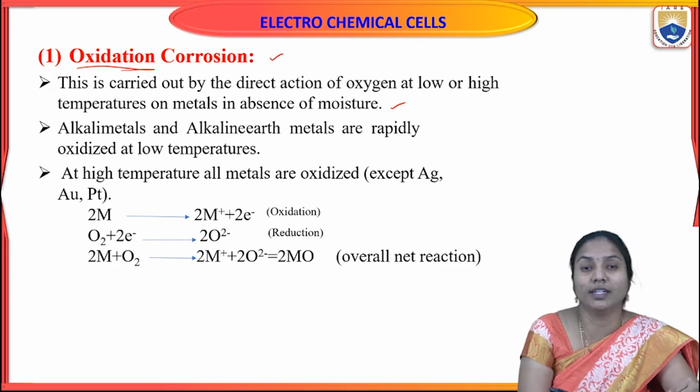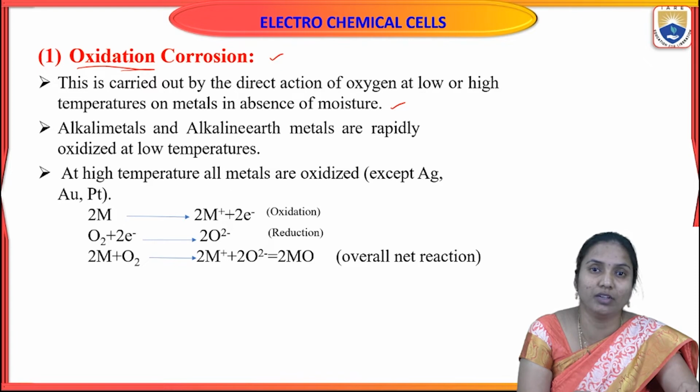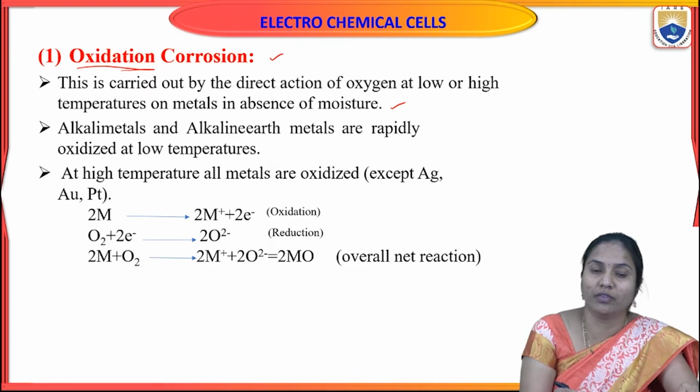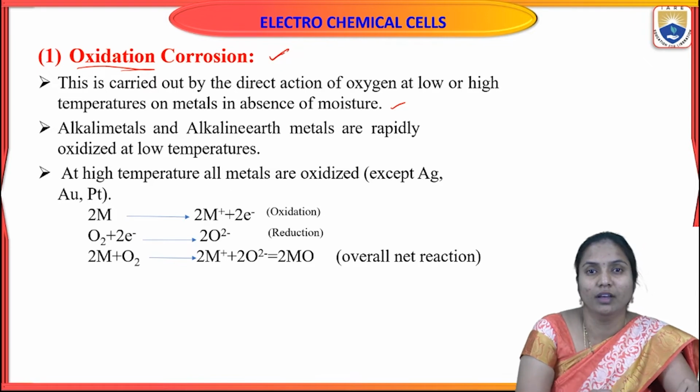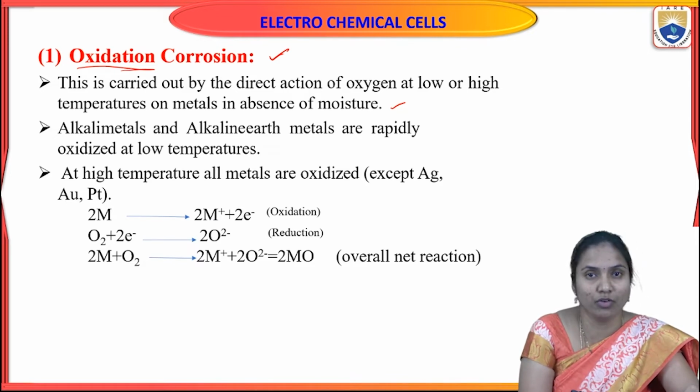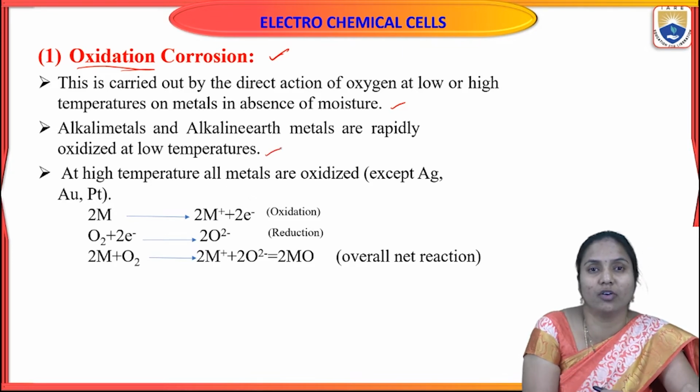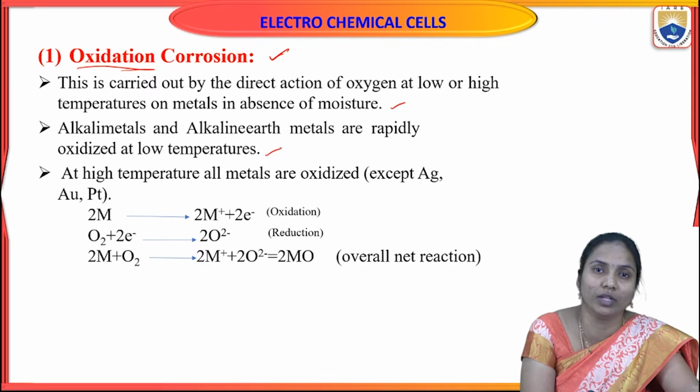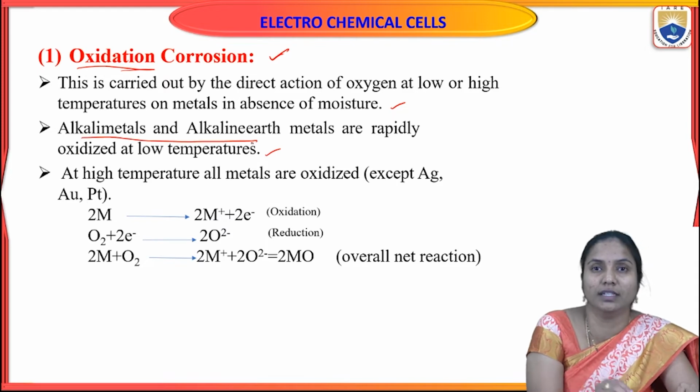Dry corrosion means direct chemical action of the environment or atmospheric gases on the metal surface. But in oxidation corrosion, the metal interacts with atmospheric oxygen at low or high temperature, usually in absence of moisture. Which metals are oxidized at low temperature? Generally alkali and alkaline earth metals.